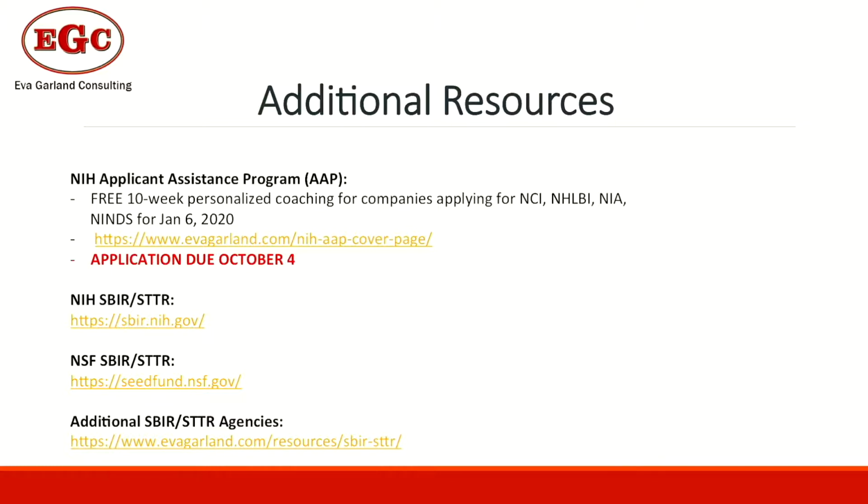The idea is that these are for first-time NIH phase 1 awardees that will help prepare their proposals. We don't do the writing, but we help them with the proposal, coaching them so they can submit an NIH phase 1 for any of those 4 institutes.